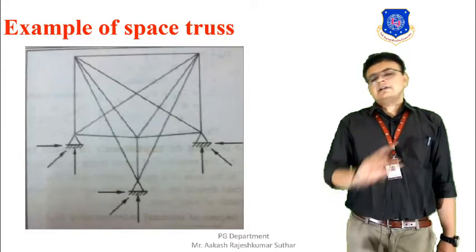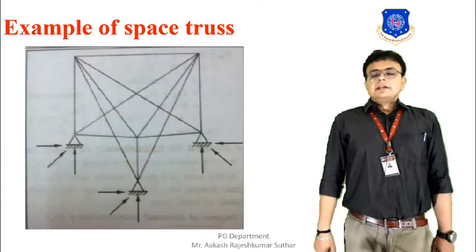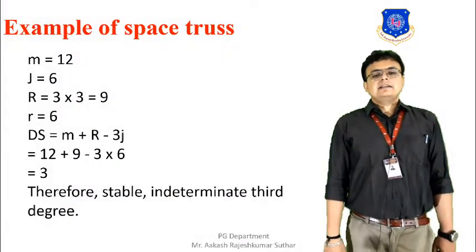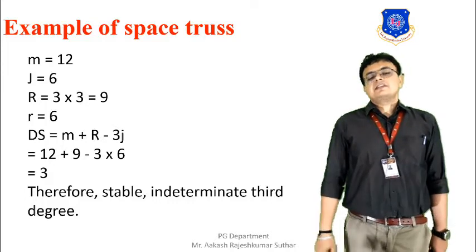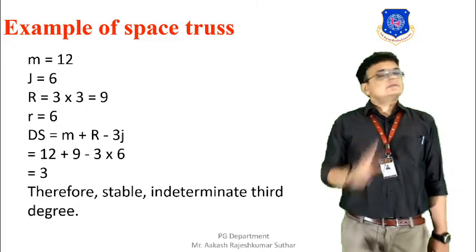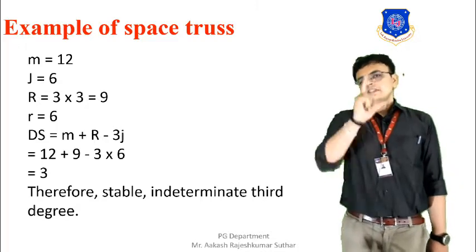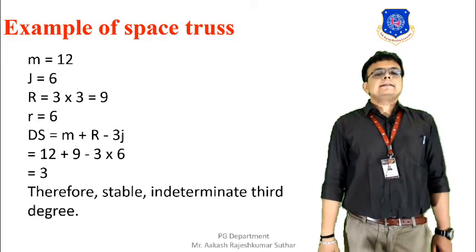I have already counted and written it. Previously we discussed the reactions available from this space truss. It is 9: 3 hinge supports, each having 3 reactions, cumulatively 9.